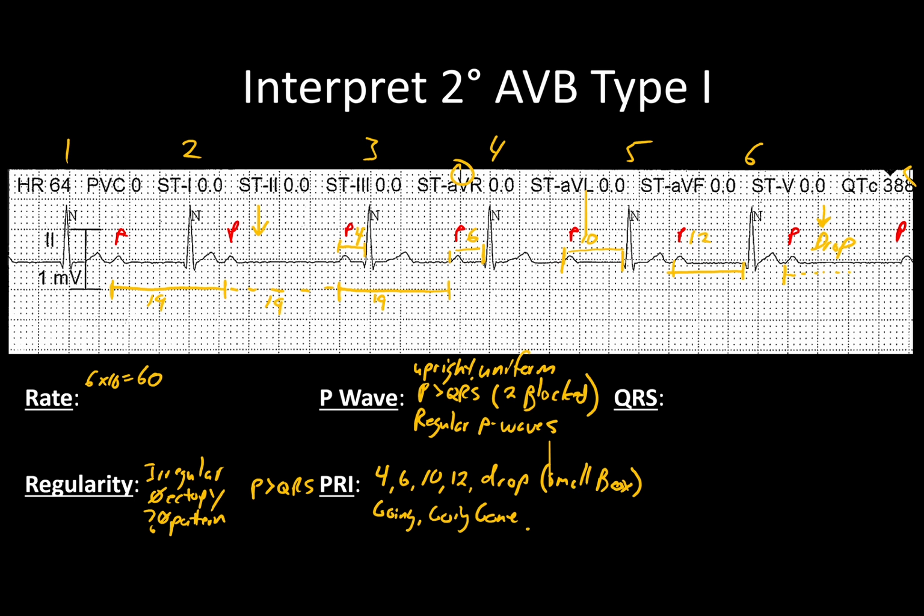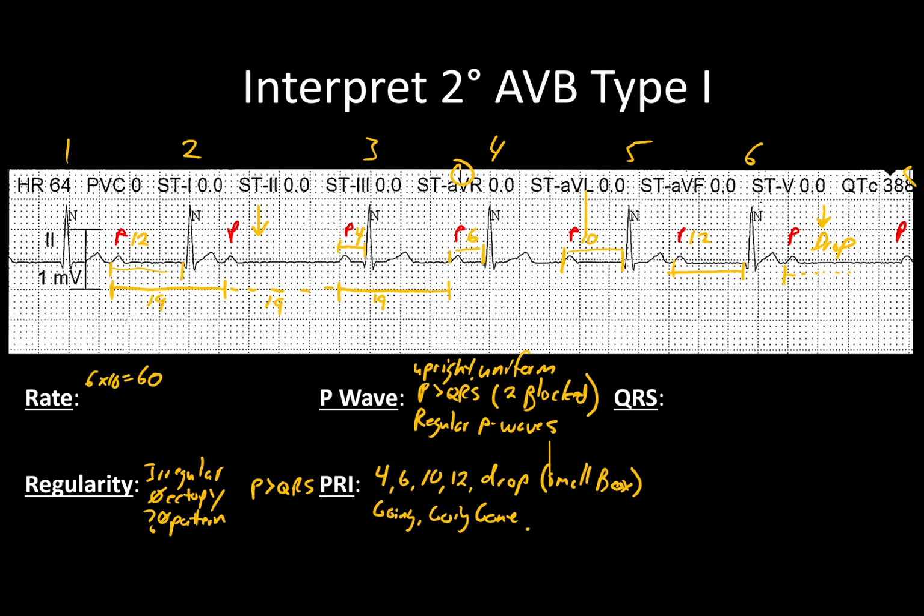So let's work backwards, and now we'll look at the previous heartbeats that we have on this strip. So we'll look at beat number 1 and 2. Beat number 1, I can't get a full estimate because that P wave disappears off of the screen. But beat number 2, I can get that PRI, and I will tell you that it is also 12.